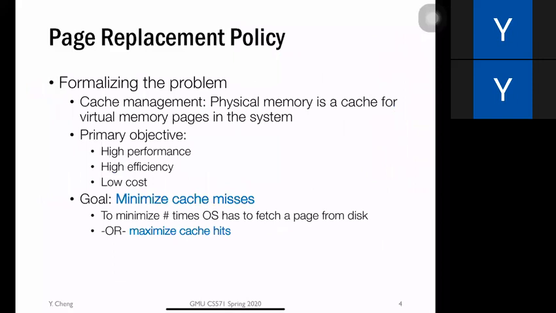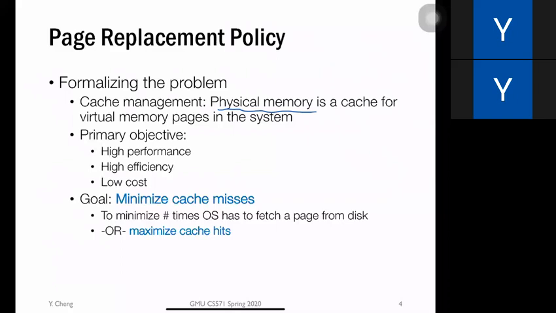So this slide basically talks about the policy part. Like the previous one, we've talked about mechanism, the facilities. And this page talks about the policy, the thinking part. Okay, if we want to formalize the page replacement problem, we basically formalize it as some sort of cache management problem, in a way that the physical memory can be treated as some faster in-memory cache for this whole virtual memory system.